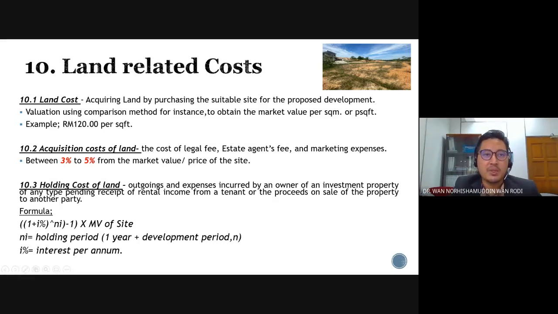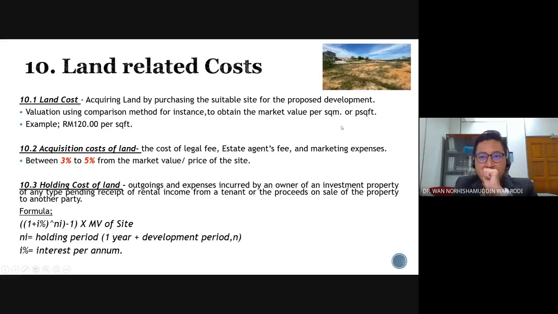Okay, let us look into 10.1, land cost, acquiring land by purchasing the suitable site for the proposed development. So they need to acquire land. Firstly, the developer will appoint valuation firms to value the property to get the current market value for the site, for example using a per square meter or per square feet basis.